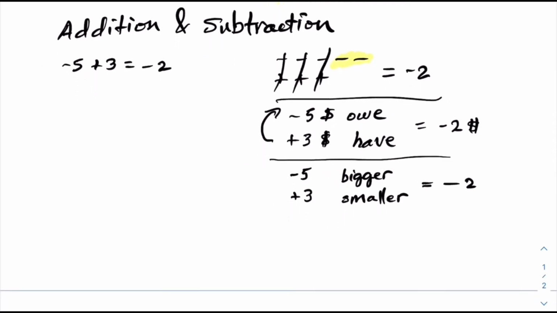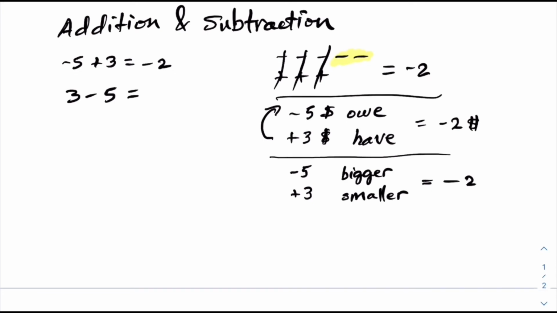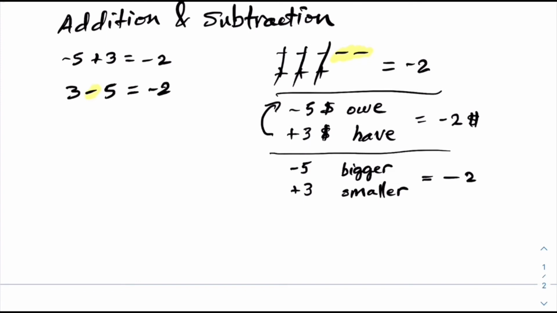It doesn't matter the order of the expression. Say if you have positive 3 minus 5, you would still see it as negative 2, because the sign in front of the number goes with the number.